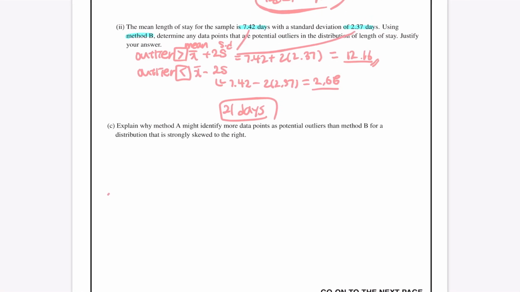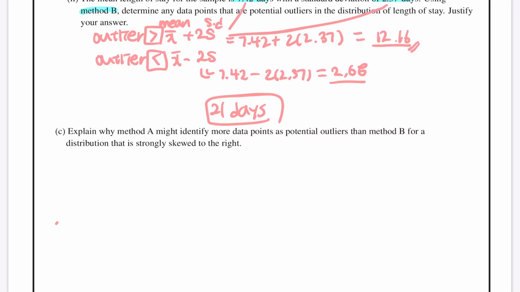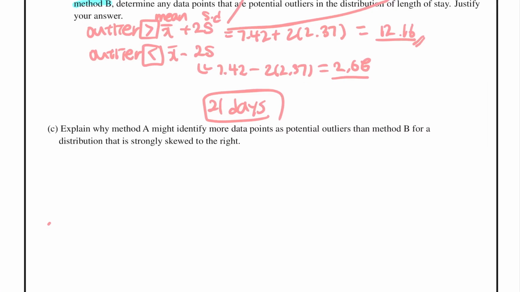The last question: explain why method A might identify more data points as potential outliers than method B for a distribution that is strongly skewed to the right. A distribution skewed to the right will possibly look like this.